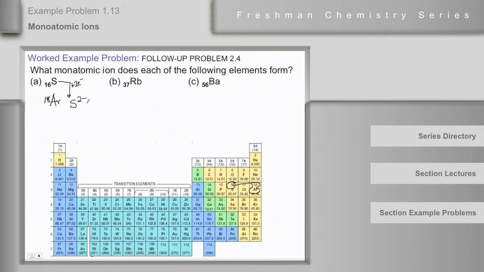This is a negative ion, and sulfur had 16 electrons to start with. We added 2 electrons, giving the 2 negative charges, and so therefore sulfur in this form as a negative ion has 18 electrons because 2 electrons are added.